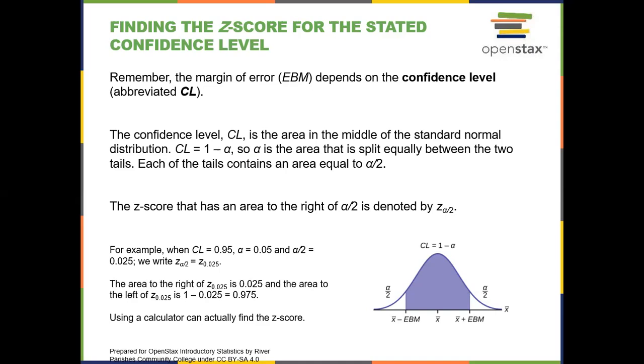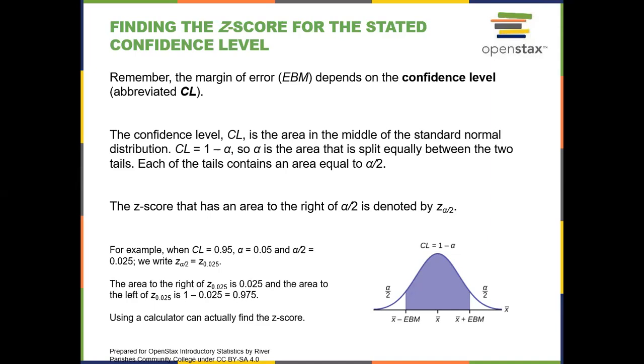Each of the tails contains an area equal to alpha by 2. So the area in the center, where most probably the population mean will fall, is your confidence level, which is 1 minus alpha. The area in the two tails, the white area, is equally divided, so each tail is alpha by 2.